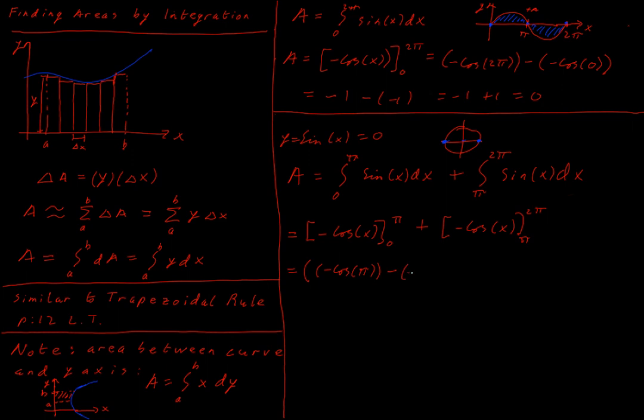Minus cos of 0 plus minus cos of 2 pi. The larger number always goes first. Minus cos of pi.